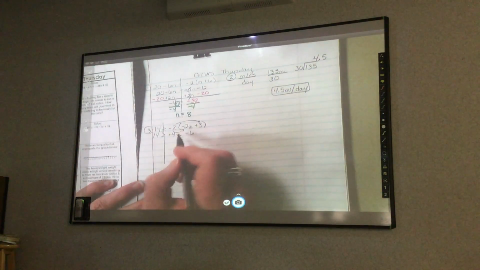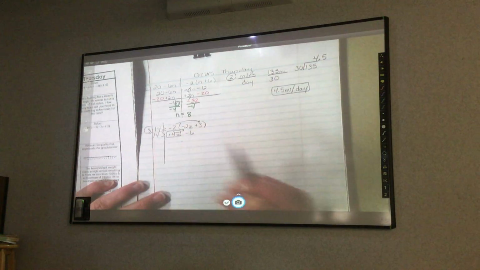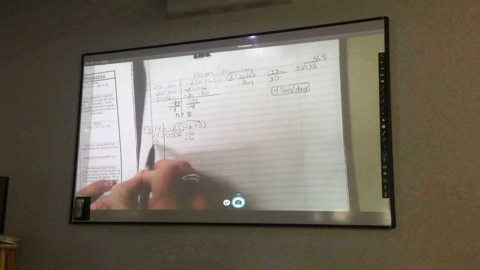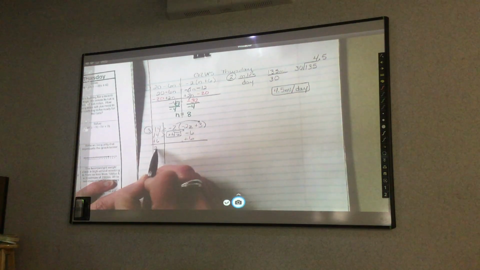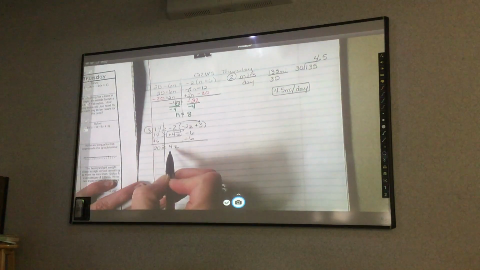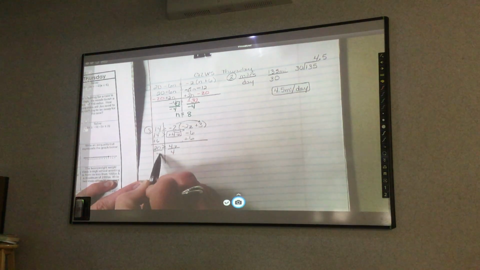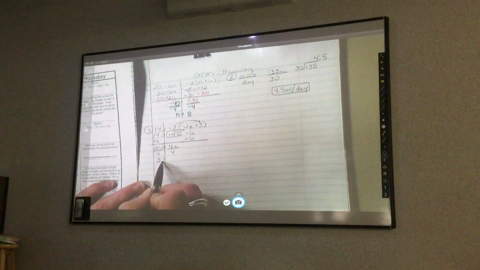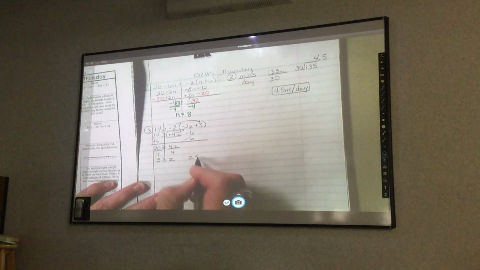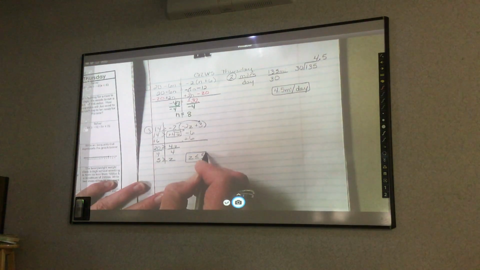I know I like my z or my variable on the left, but I'll just leave it here for now, and I'll move my 6 by adding 6 to both sides. 14 plus 6 is 20, greater than or equal to 4z. This is like multiplying, so I need to divide by 4. So 5 is greater than or equal to z. Then rewrite it. Z is less than or equal to 5. That would be my final answer.